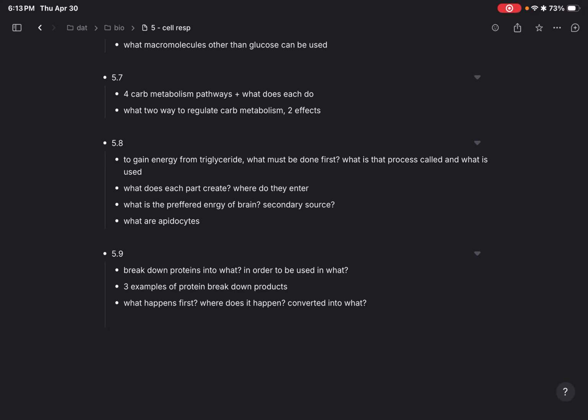So what does it create? We have this hydrocarbon chain, and it's going to break down, cleaving carbon off.